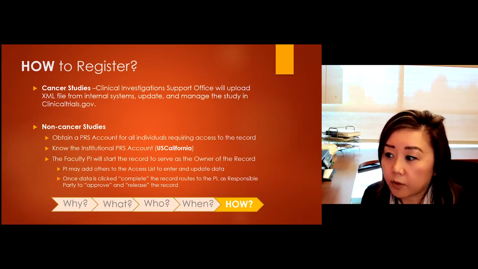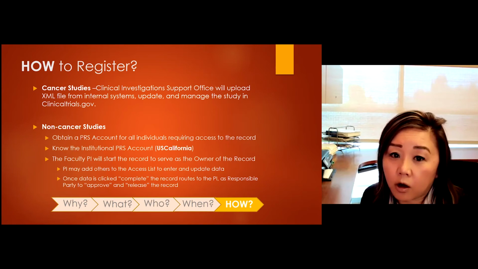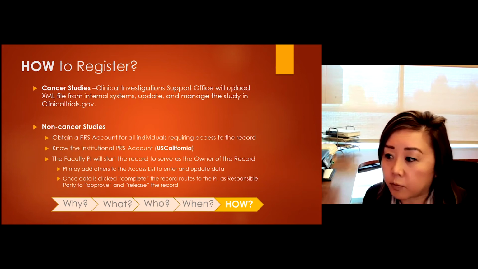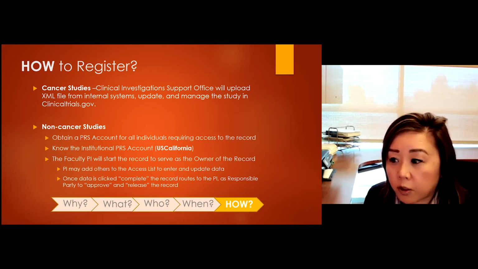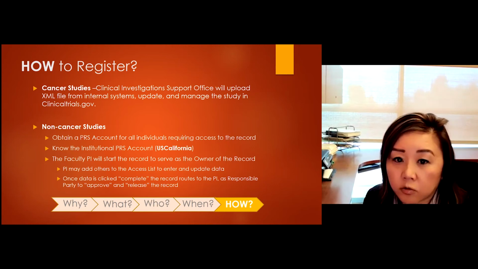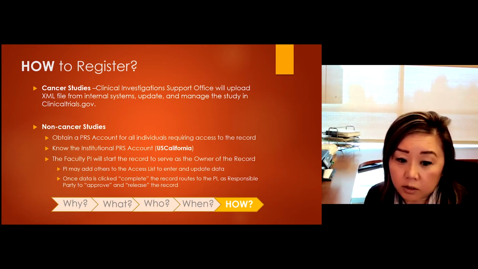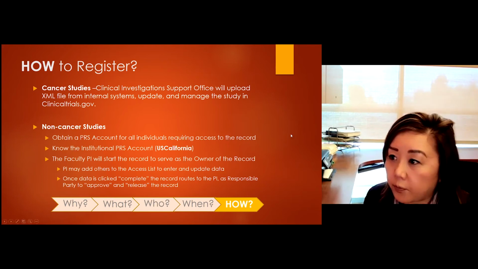But the faculty PI will always serve as the approver at the end to approve and release. So once whoever else completes and updates the data, they'll enter complete, and then it gets routed to whoever the listed responsible party is. So you'll want to make sure you list the faculty PI because they'll be the ones to approve, and then they also release the record.